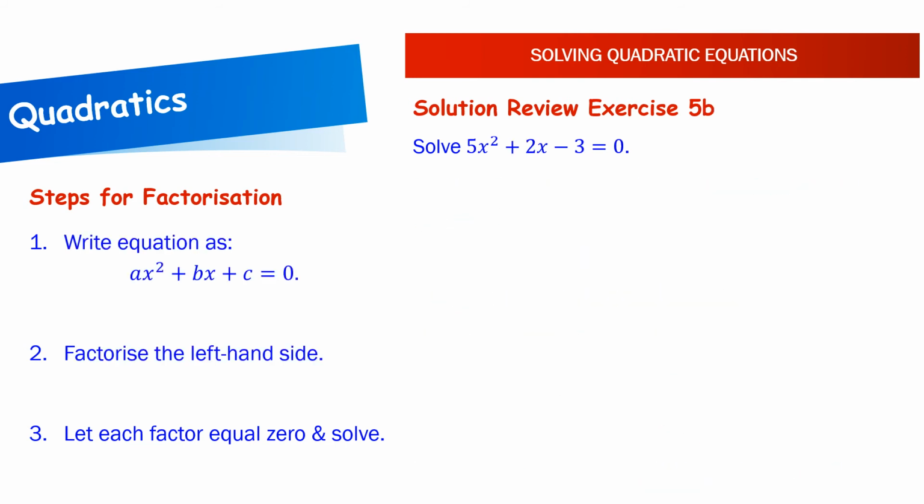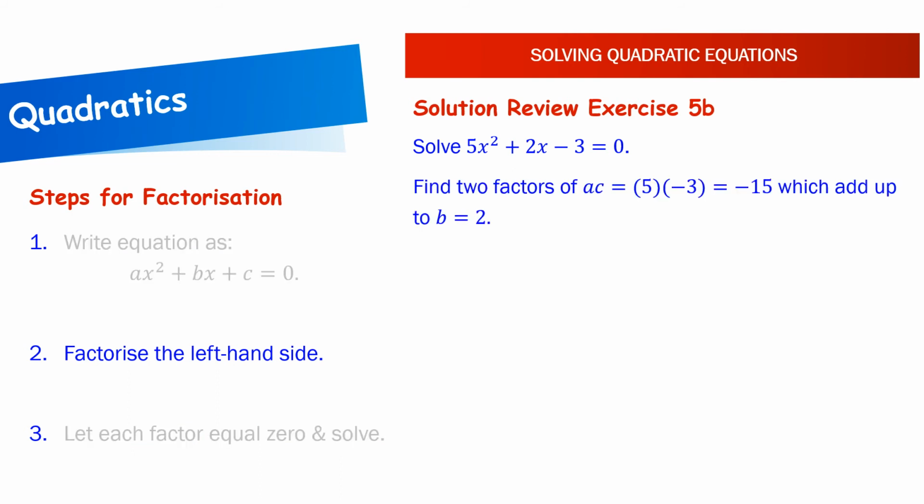And now for review exercise 5b. Solve 5x squared plus 2x minus 3 equals 0. As this equation is already in the form ax squared plus bx plus c equals 0, we can directly move on to step 2, as we did in the previous exercise.